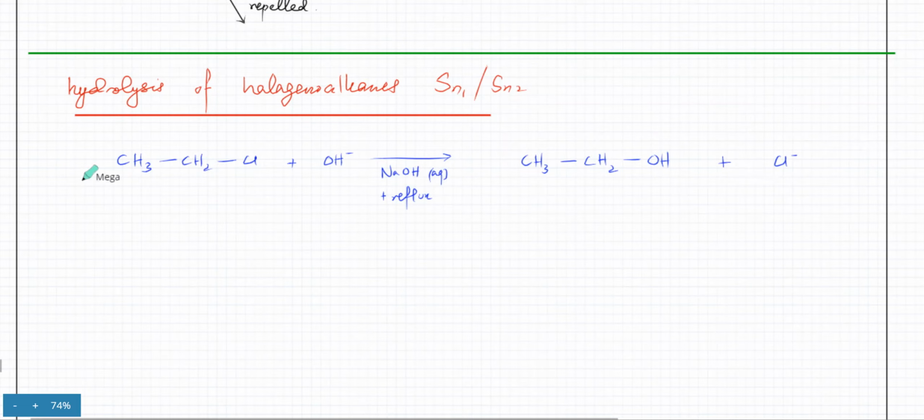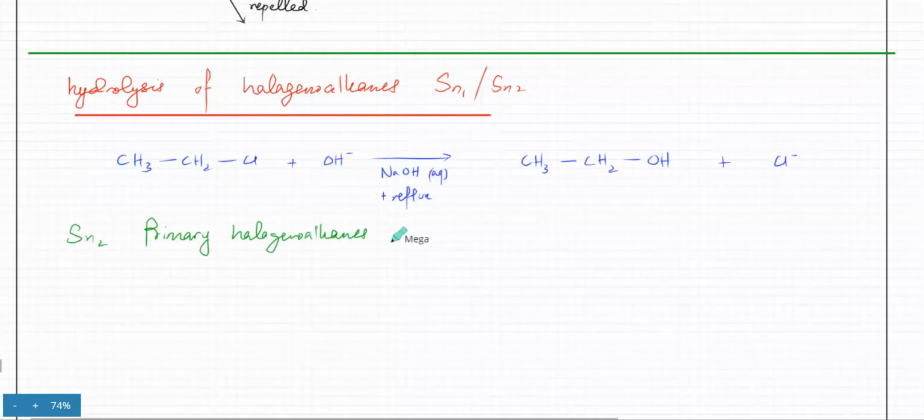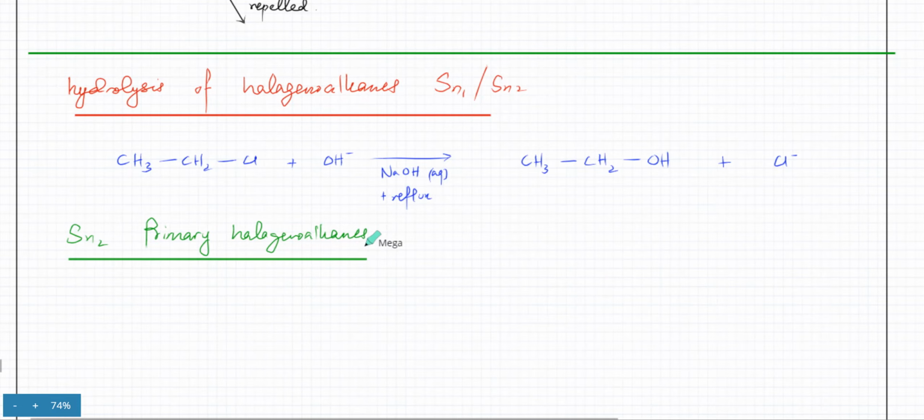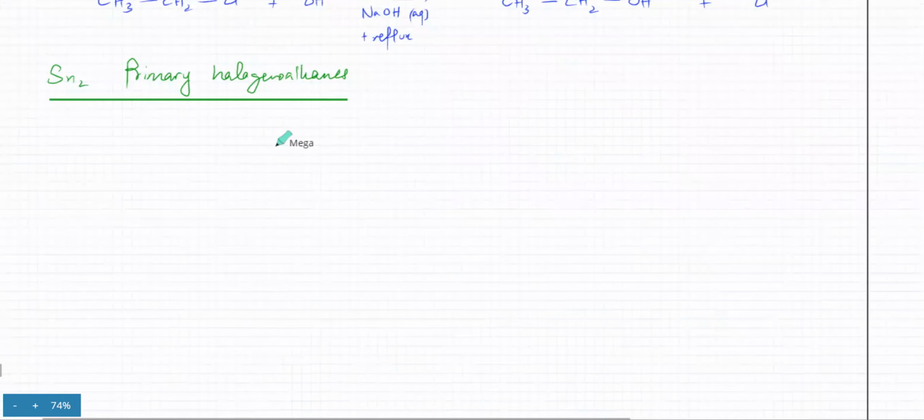So why do you have SN1 and SN2 mechanisms? The SN2 mechanism happens with primary halogenoalkanes. What's a primary halogenoalkane?